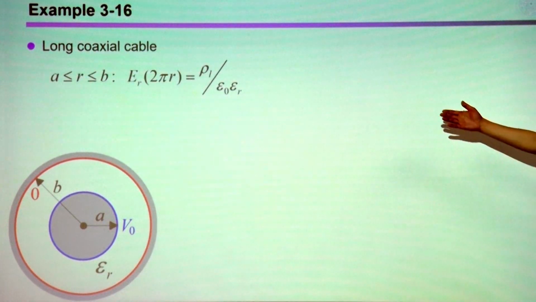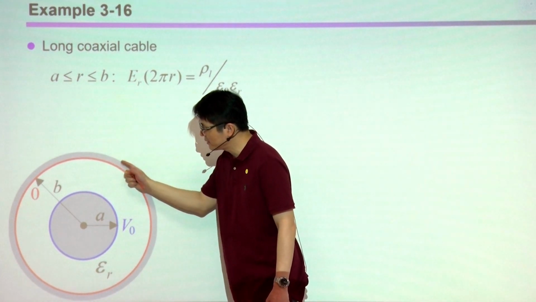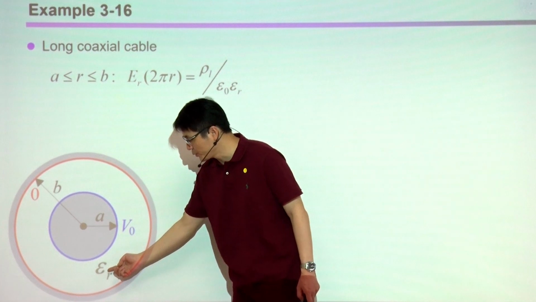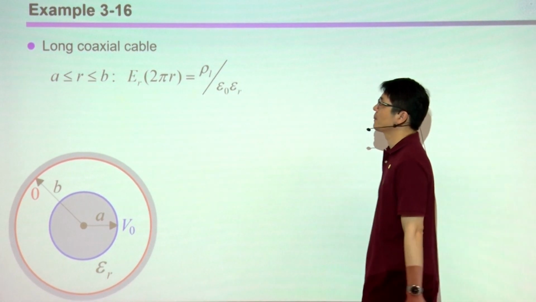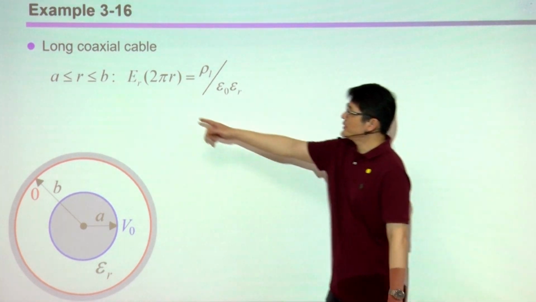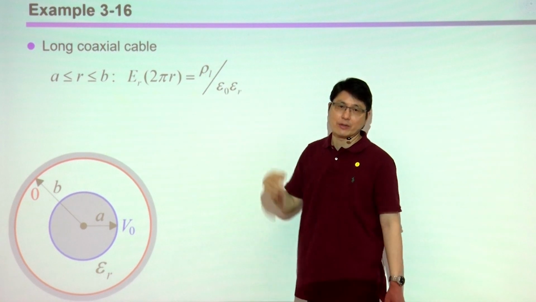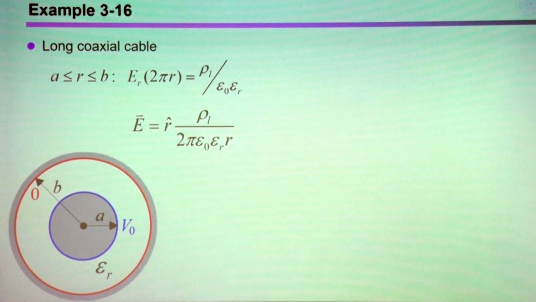Okay? All we have to calculate is, alright, we have field inside the dielectrics. In the previous case, we had vacuum, but now we have a dielectric filling. Alright, so epsilon r times E times 2 pi r equals rho L. So this is from Gauss's law again. Okay?